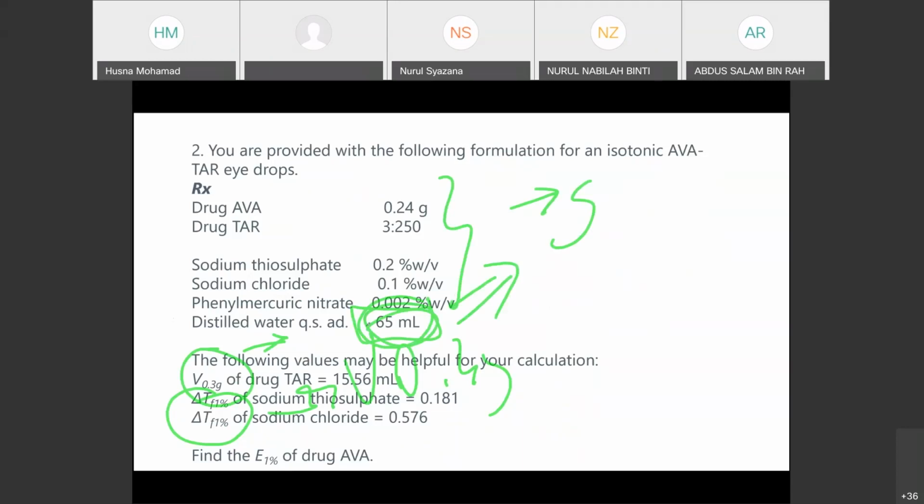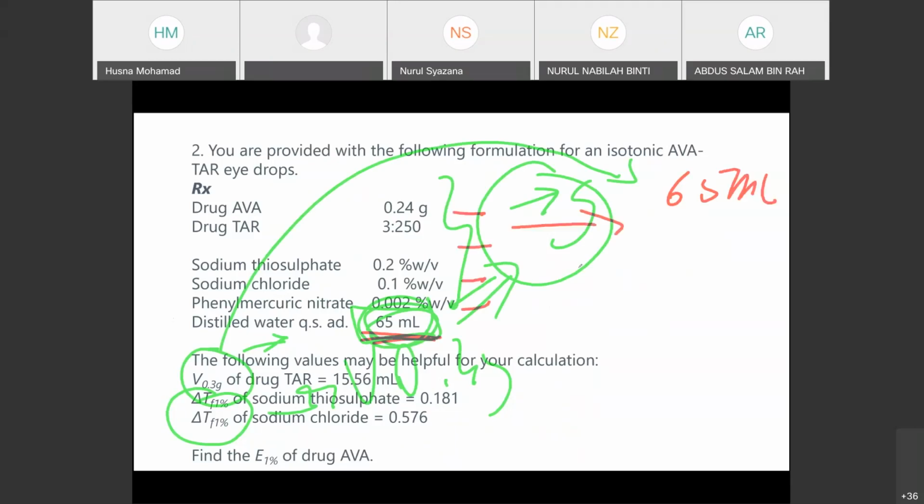Then you just have to use the V 0.3 to be changed into the amount available in this given volume, so in 65 ml, and for each gram, how much it contributes. Then you can calculate for this AVA. You will get the V 0.3 for AVA, then you just have to convert that into E1%.